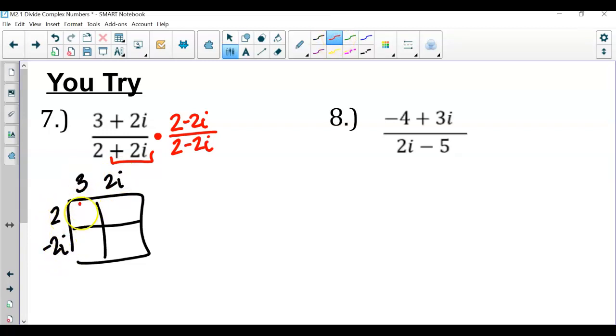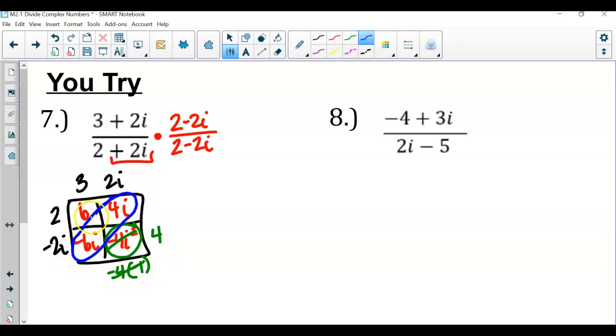So here, 3 times 2 is 6. 2i times 2 is 4i. 3 times -2i, -6i. And 2i times -2i, -4i squared. And here again, notice how we have i squared. i squared, -1. Negative times a negative is a +4 is what you should have gotten here. Then we do have like terms to combine, right?